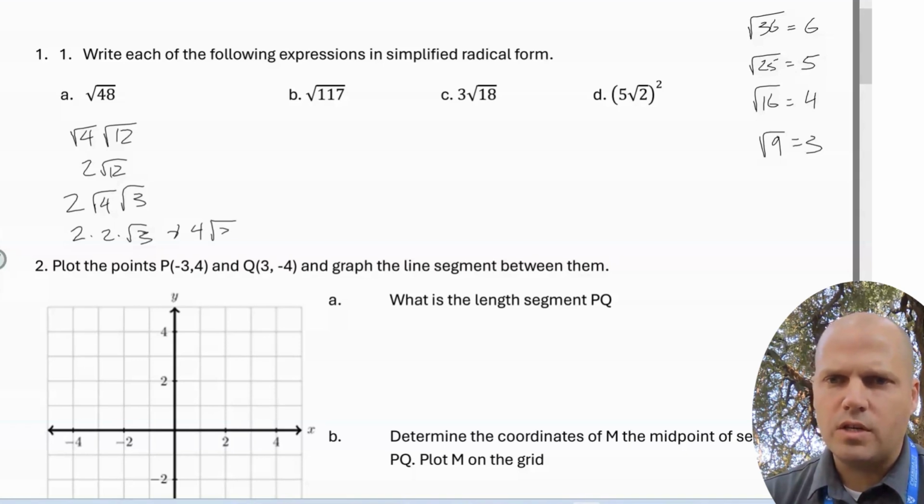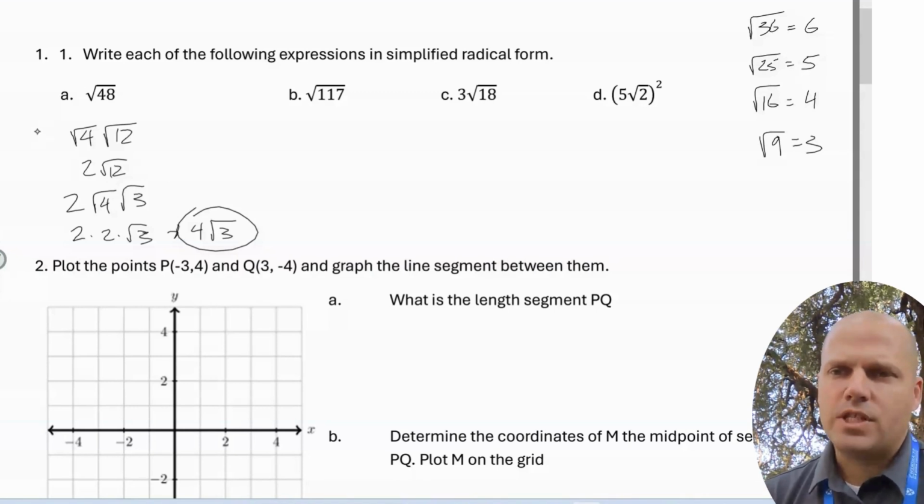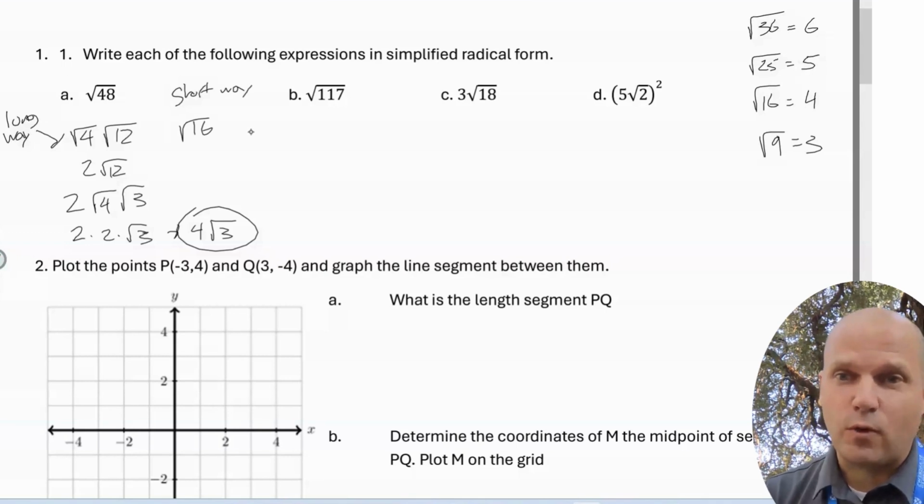So, this is the long way. Let me show you the short way. You would have figured out that 16 goes into 48 3 times. Root 48 is root 16 root 3, so you got 4 root 3 right there.